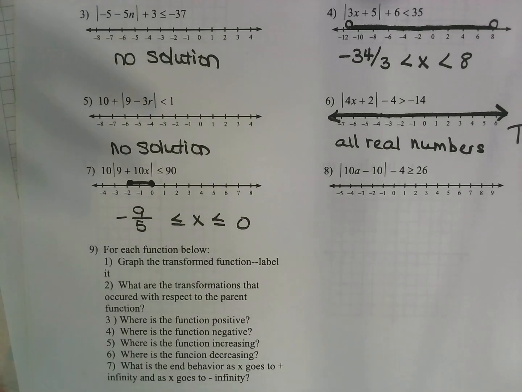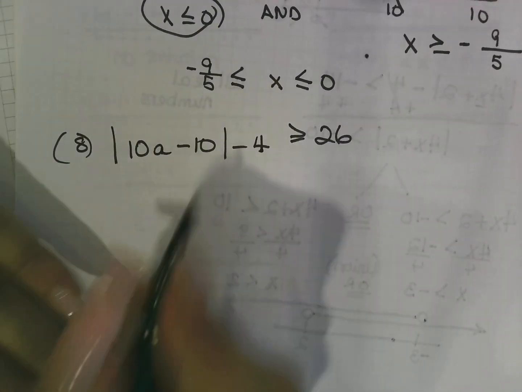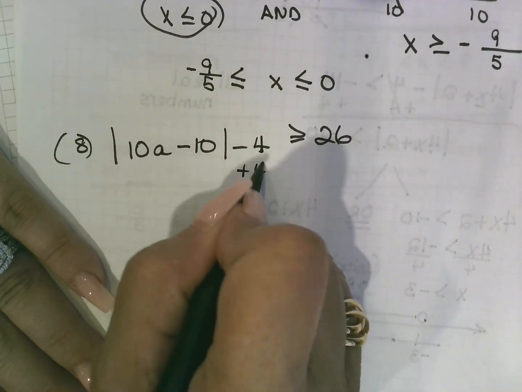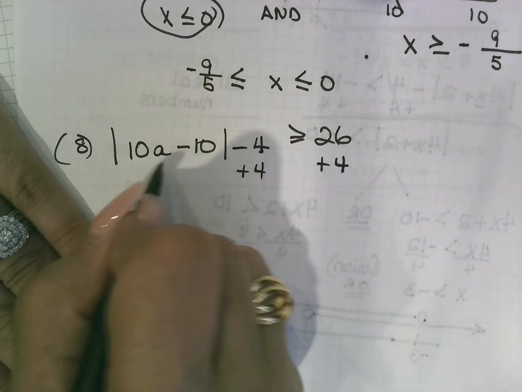Okay, number 8. Let's do this one. Absolute value of 10a minus 10, minus 4, greater than or equal to 26. All right, so here we're going to add 4 to both sides.